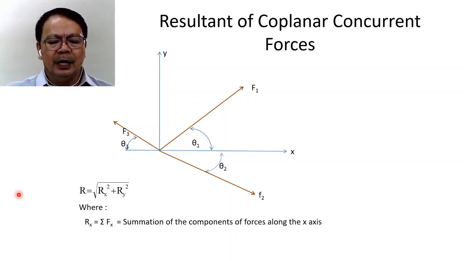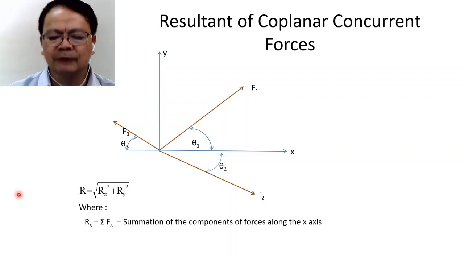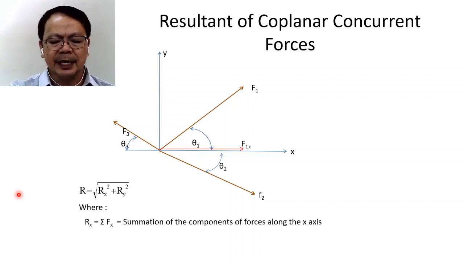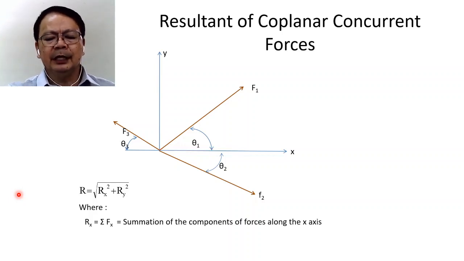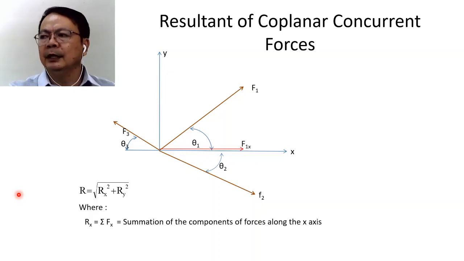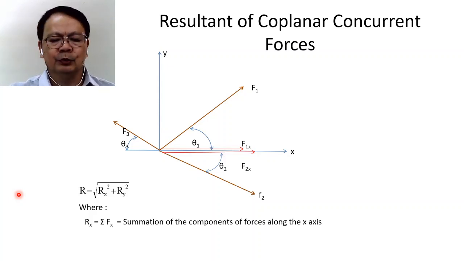In other words, this is the summation of the components of forces along the x-axis, represented here by these forces: F sub 1x, the x component of F sub 1, F sub 2x, the x component of F sub 2, and F sub 3x, the x component of F sub 3.